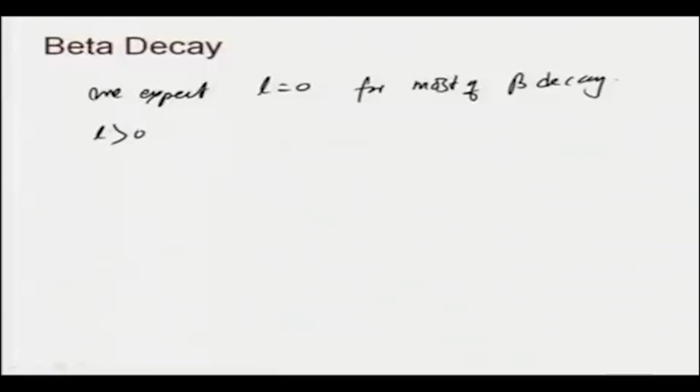So, L larger than 0 will have small probability. In fact, the larger the L, the less likely it is, and one can have a more thorough rigorous quantum mechanical calculation, which also gives similar results.